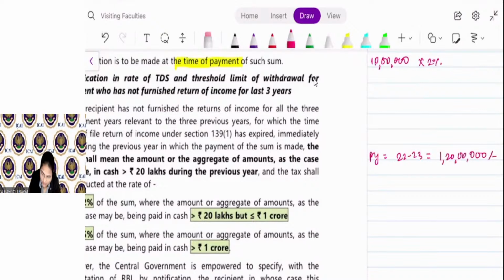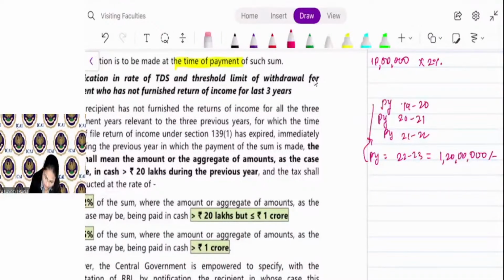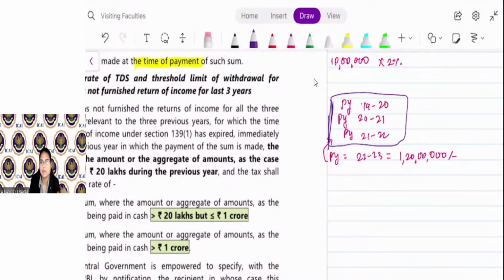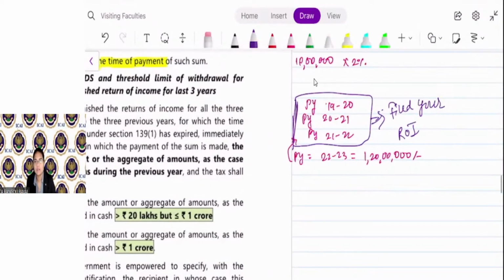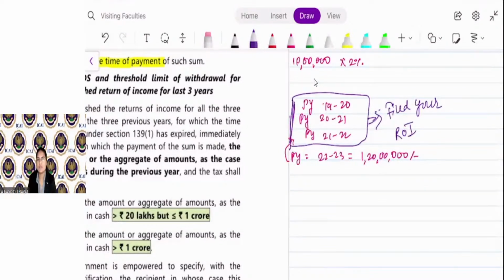So in the last 3 previous years, that is previous year 21-22, 20-21 and 19-20, you have not filed your return of income for these 3 years, that is immediately preceding the previous year, and the due date for filing the return of income has expired.